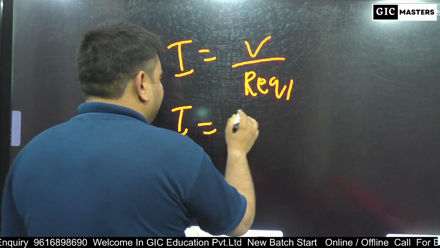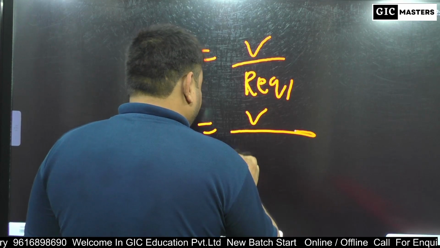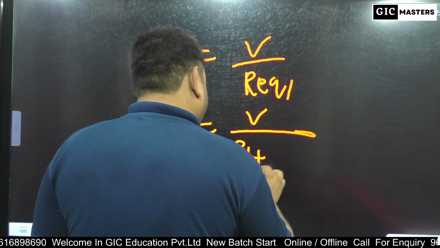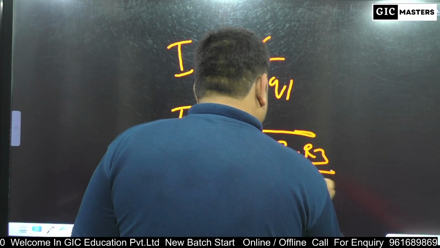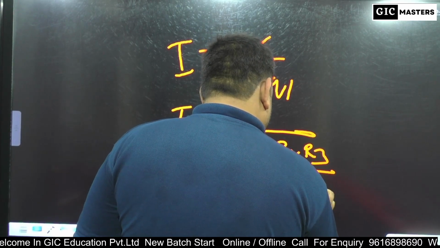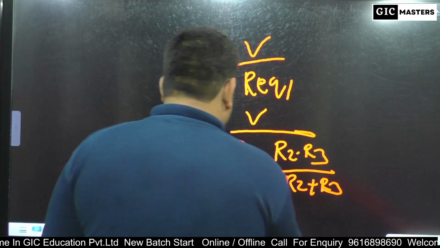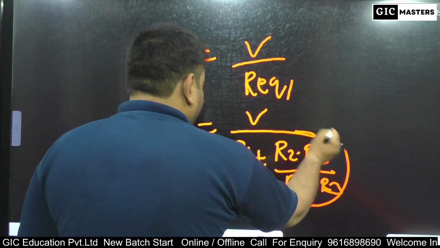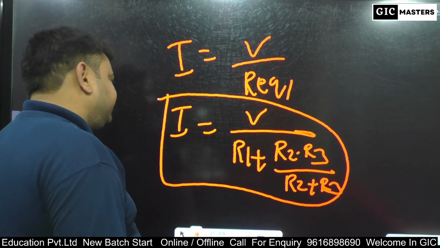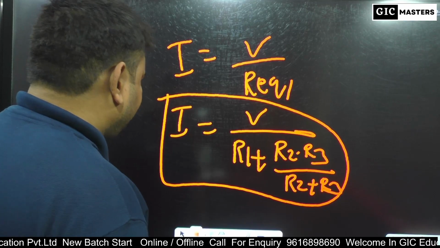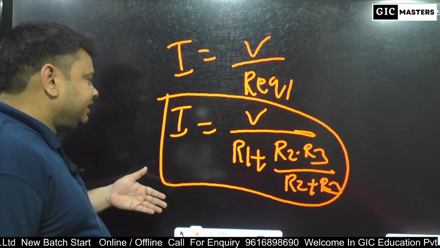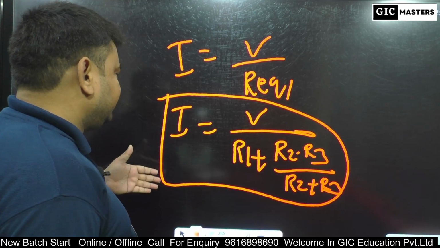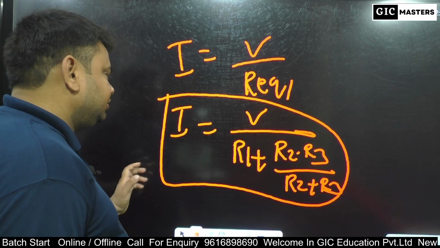So current I equals V upon R1 plus R2 R3 upon R2 plus R3. These are the expressions for current that flows through a circuit, as given by the question.